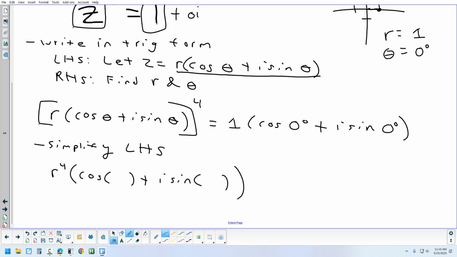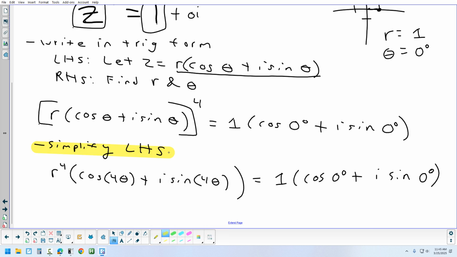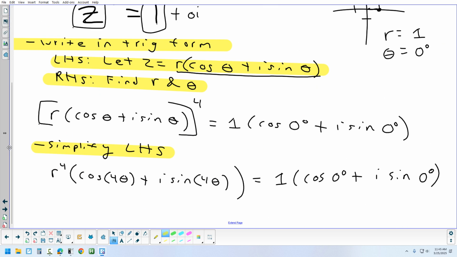Theta times 4, which we're going to write as 4 theta. So that's all we do with that step. Honestly, I usually just do that step as I write down the original problem. So it's less writing, but I'm trying to show every step. Everything highlighted in yellow is explaining what we're doing.